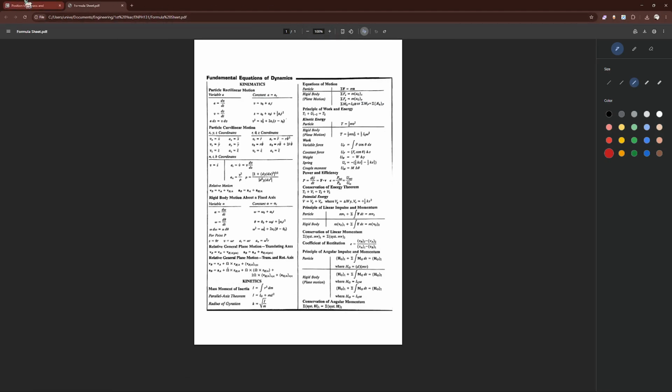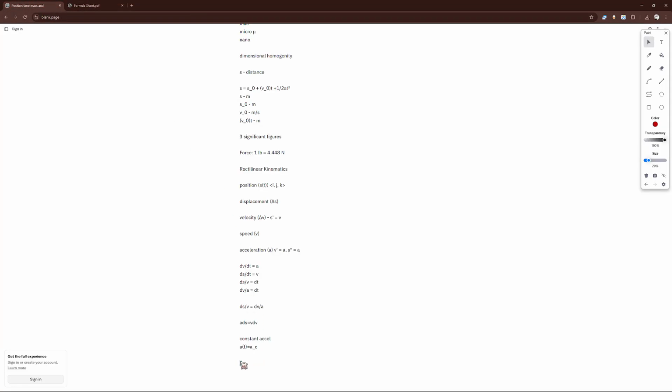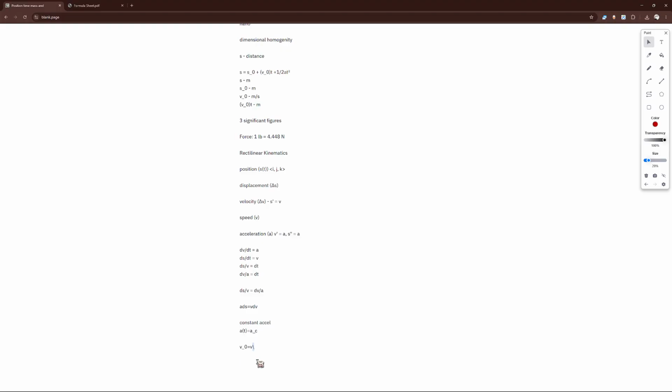That just looks ugly. So I'm going to put a slash. Oh, I guess it's division. Whatever. You'll get used to it. So v naught equals v slash.